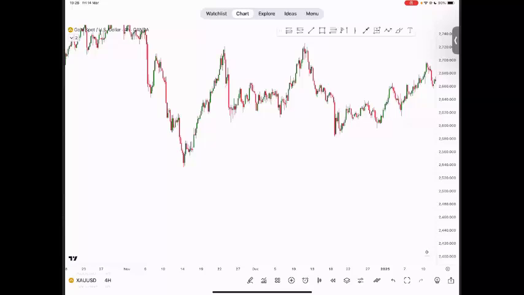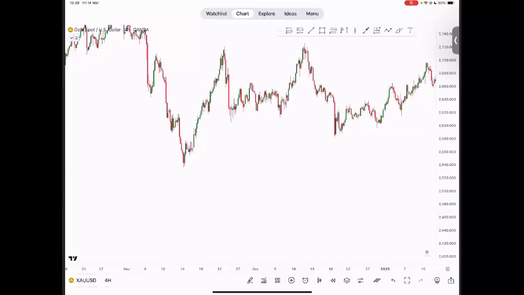This is not the person I used to know, right? So that is how it is on the chart, change of character. When price is moving in an uptrend and all of a sudden it wants to start moving in a downtrend, it has changed its character. It doesn't want to keep buying, it wants to now start selling. That is still change of character.